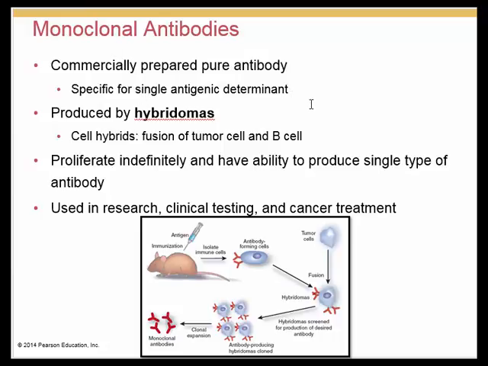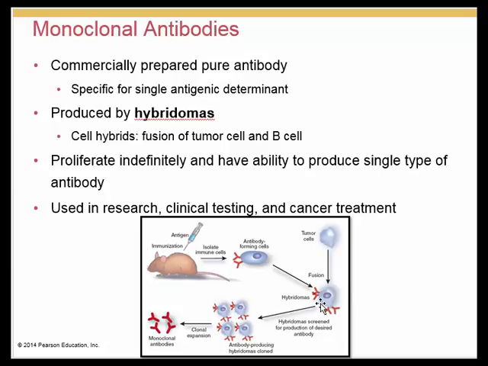So what do we do? We're going to inject an animal with that antigen of interest. All right, that is going to then activate those B cells. We're going to isolate those antibody-forming cells and divide them up into individual cells. So one cell in one petri dish, one cell in another, and we actually fuse that cell with a cancerous cell, a tumor cell. Once we fuse those together, it's called a hybridoma.